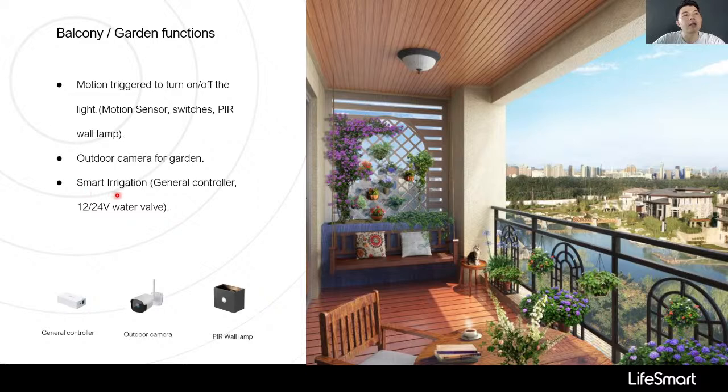A smarter irrigation: you need a general control node and 12 or 24 voltage water valve. Here is the general control node, outdoor camera, and the PIR wall lamp.